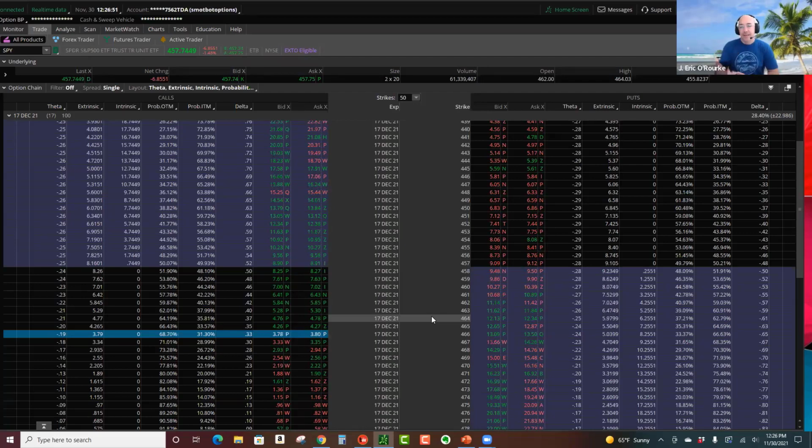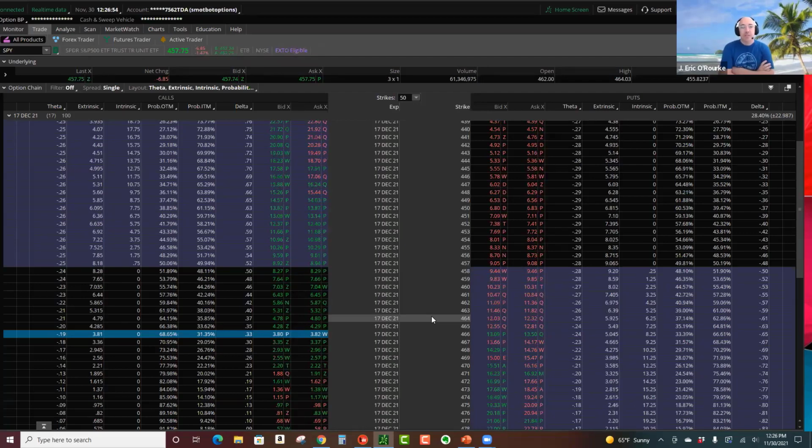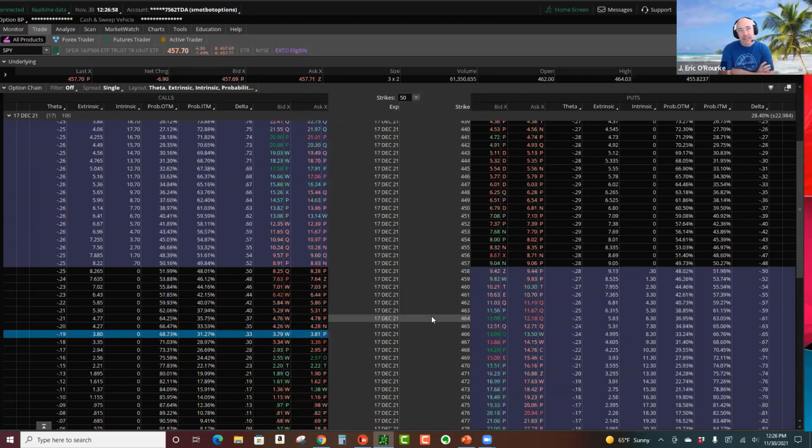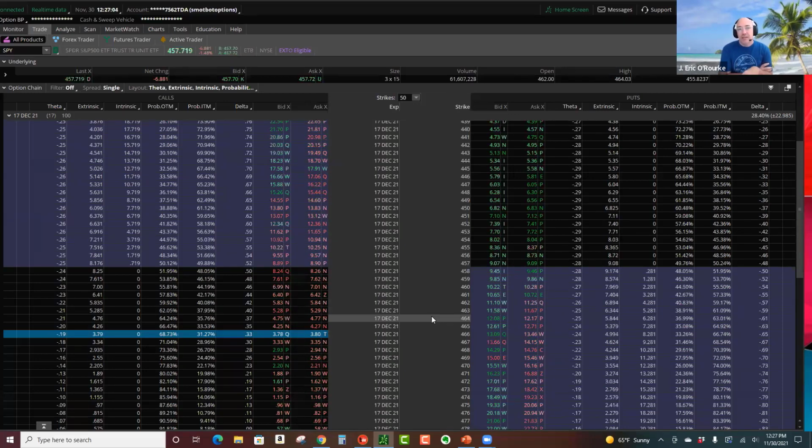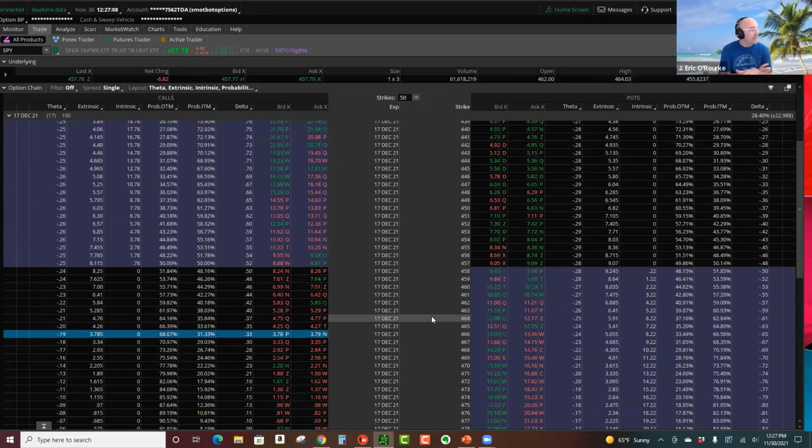Yeah, and we definitely have to attribute that to, and I want to stop short of saying the bull market, but the nature of the way stocks go up and the way stocks go down are a lot different. Stocks go up more slowly and stocks go down more quickly.